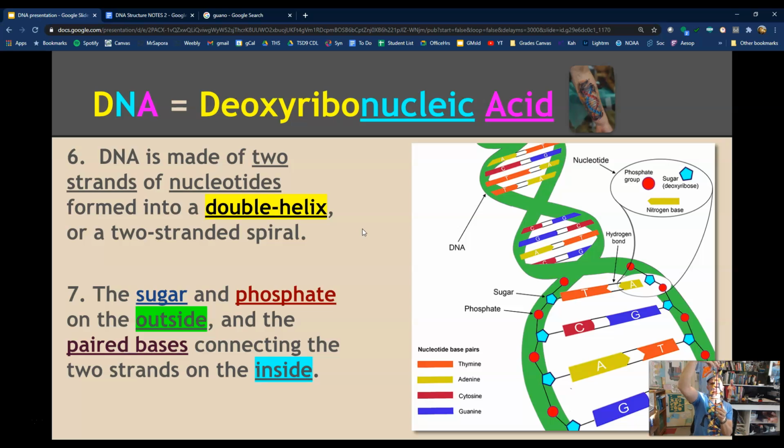The other thing it does is shorten it. So you're able to store more DNA inside the nucleus of a cell, because it compresses and compacts it. The twisting shortens it, just like a spiral staircase would. But it also puts the phosphate sugars on the outside and puts the bases in the middle and protects them, because that is where the information is carried, and that's what we'll talk about next week.